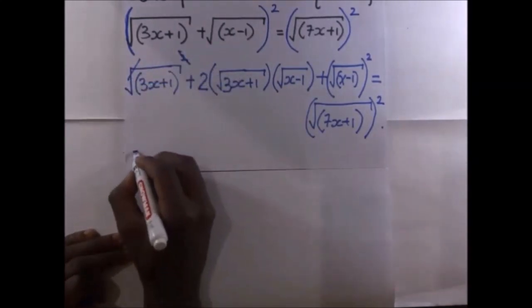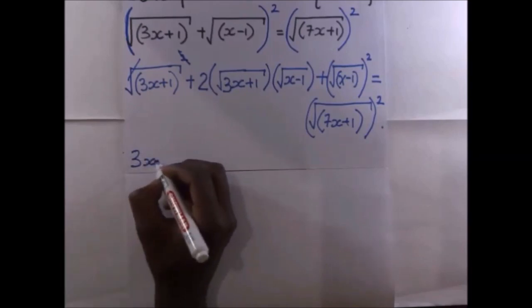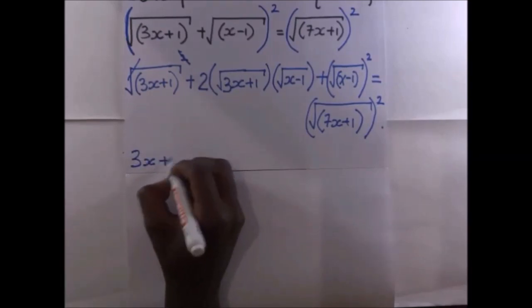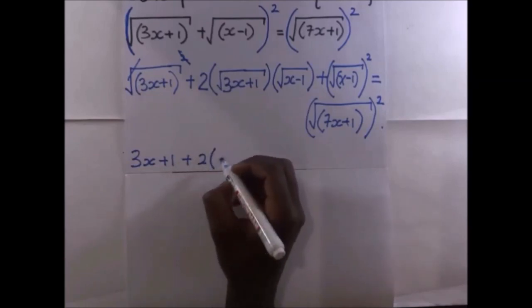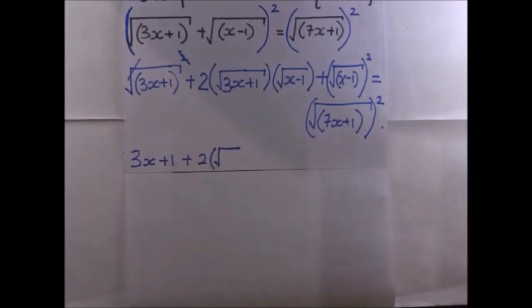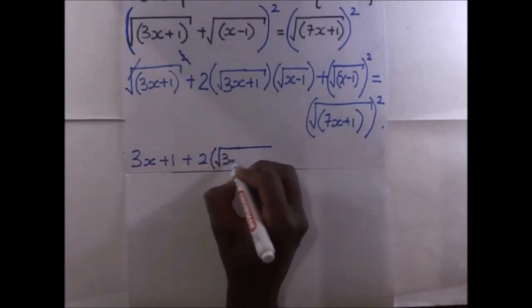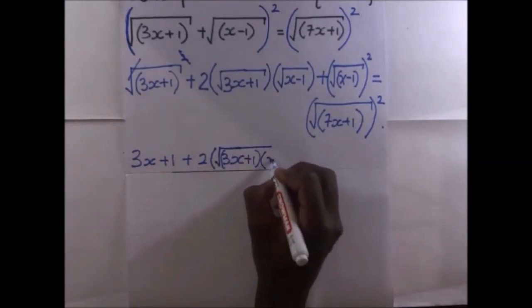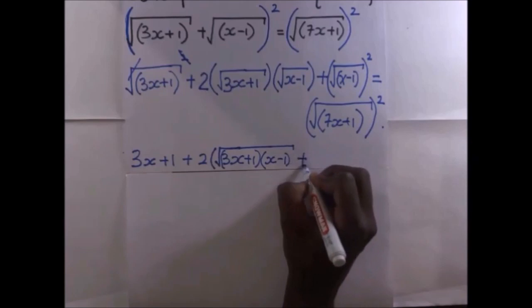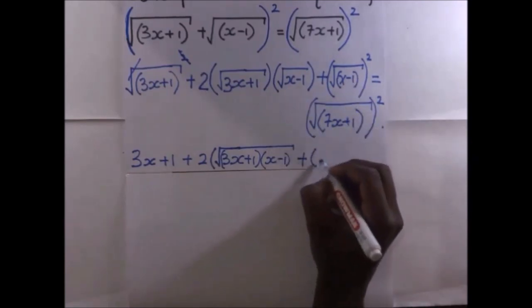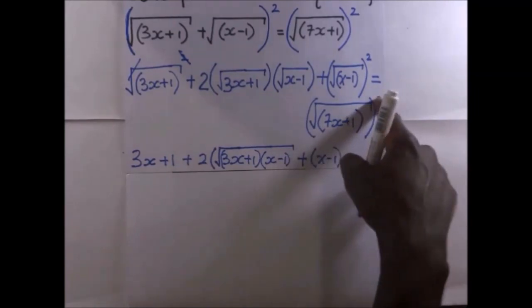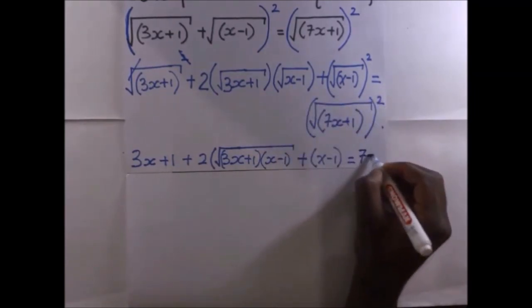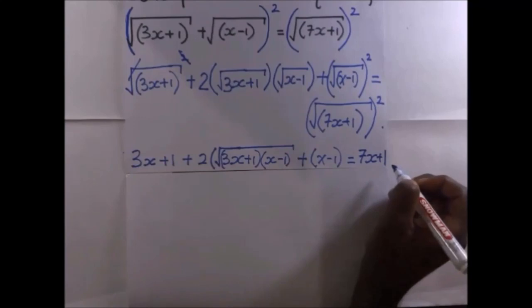So we are going to remain with 3x plus 1 plus 2 into that, plus that is going to give us this squared. This square root sign goes with that, it remains like that.